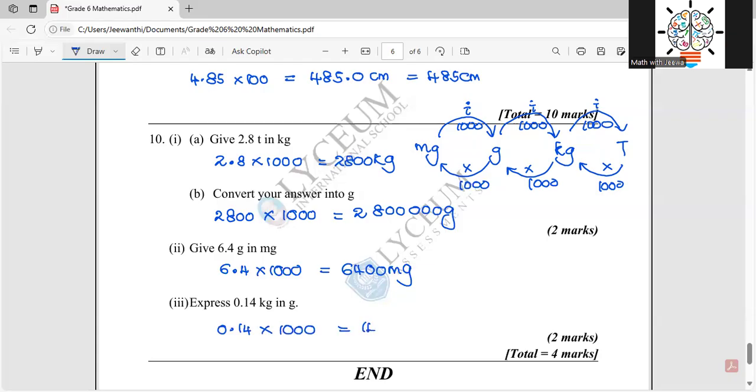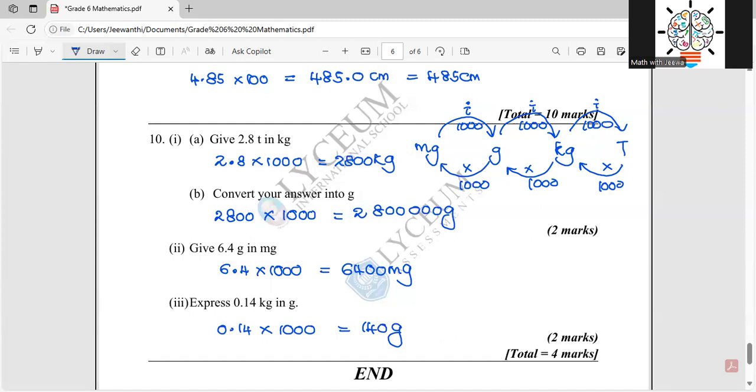Then the answer will be 140 grams. Right? So we'll double check whether we have done it correctly. 2,800,000, then 6,400 gram into milligram, kilogram into gram. So then 1, 2, 3, 140, right?